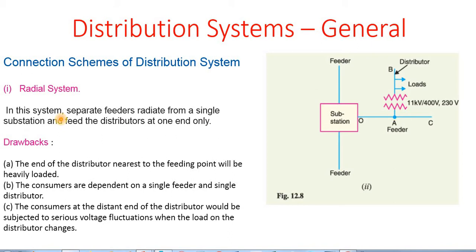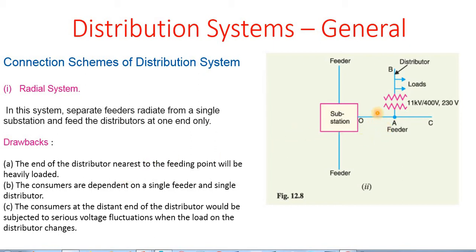In the radial system, separate feeders radiate from a single substation and feed the distributors at only one end. The drawback of this architecture is that the end of the distributor near the feeding point will be heavily loaded.